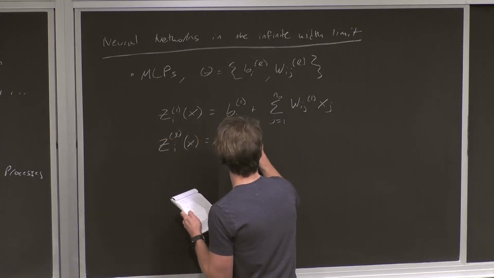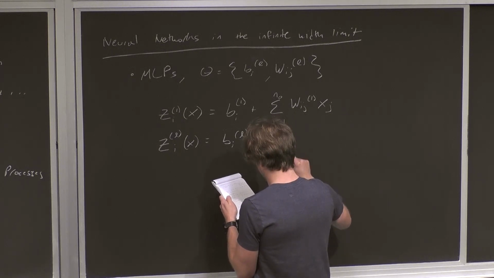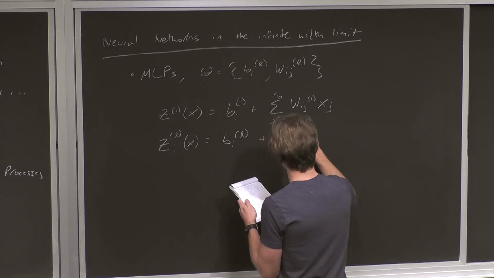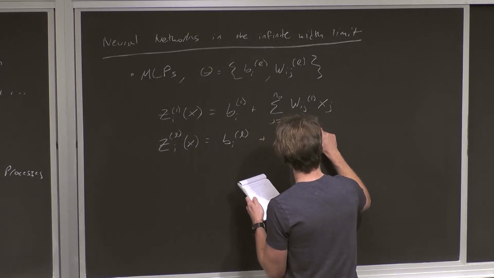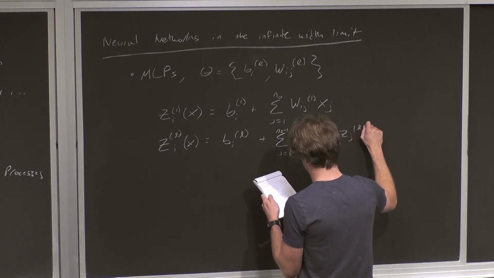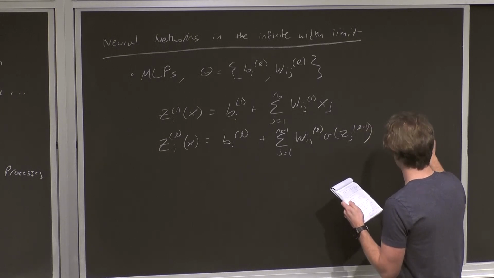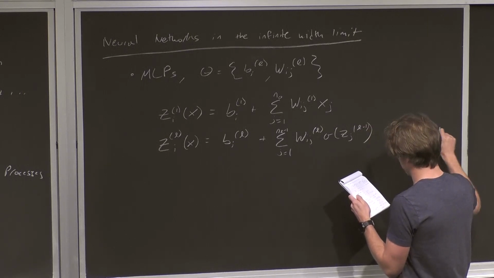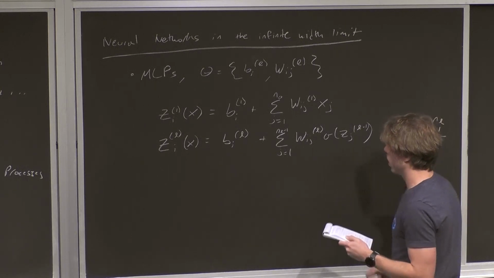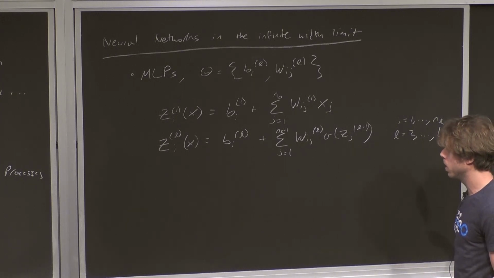So we have a bias at layer L plus a sum over the weights acting on the activations, like so. As I said, L here will go from 2 to capital L, and the sum goes from 1 to N_L. So this should all be very familiar. In some sense, I'm just establishing my notation here.